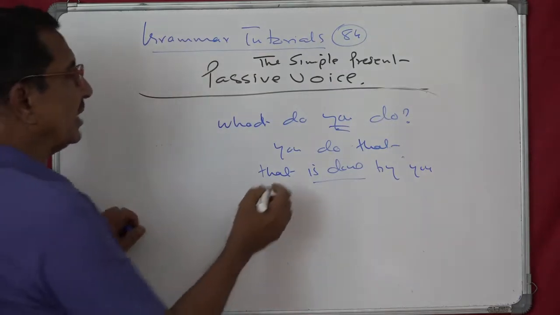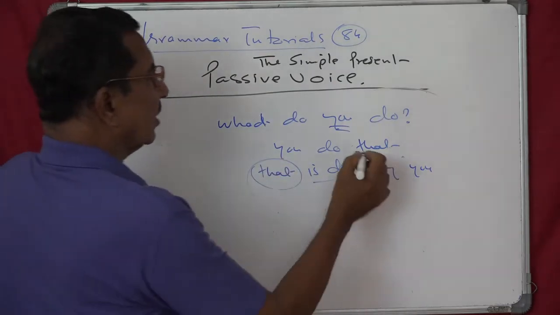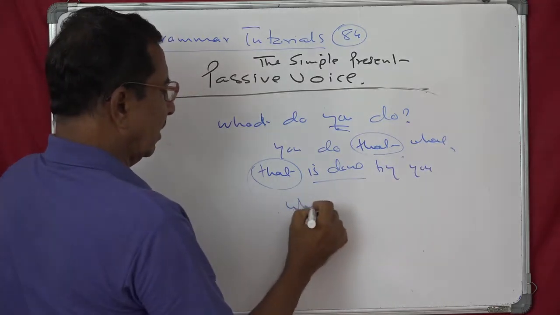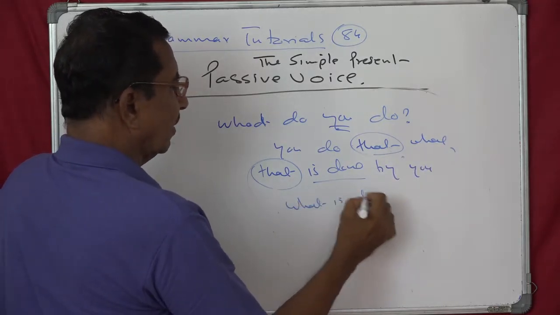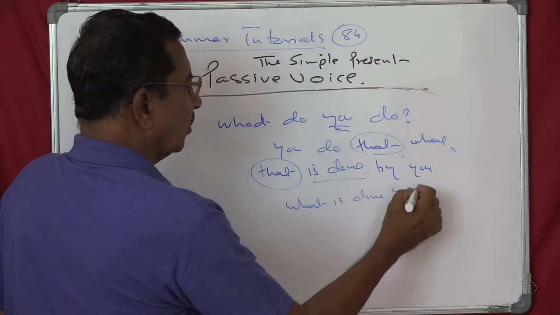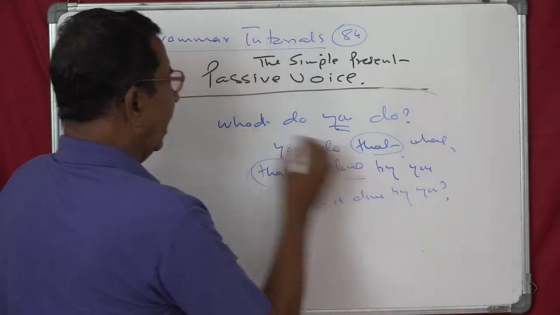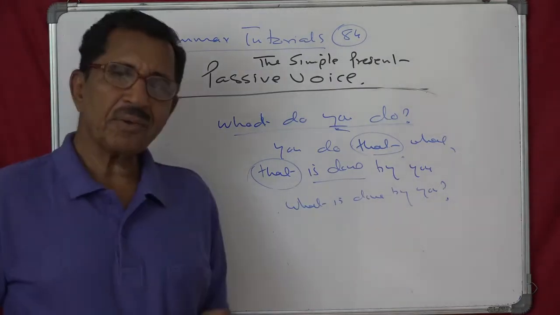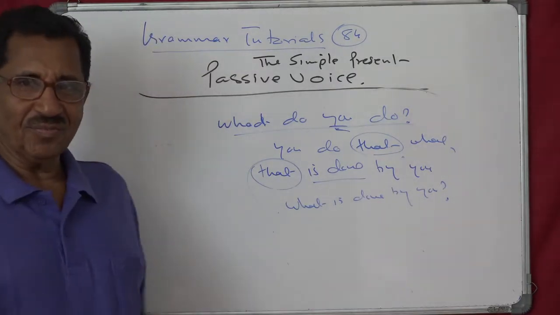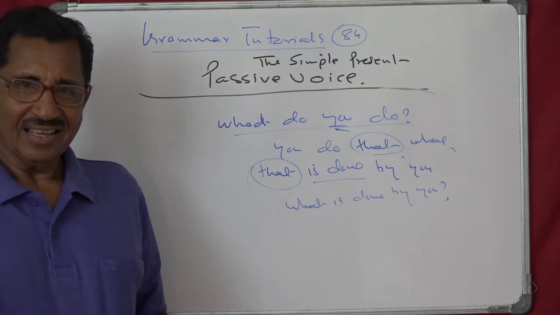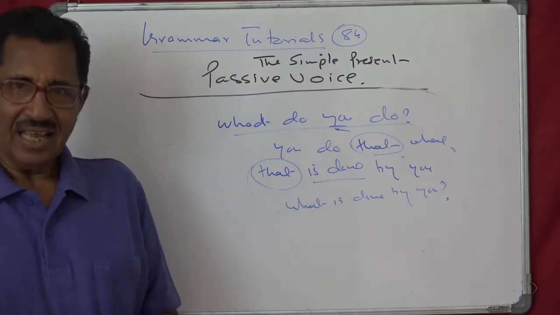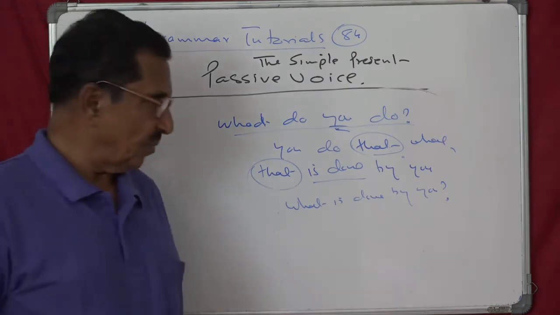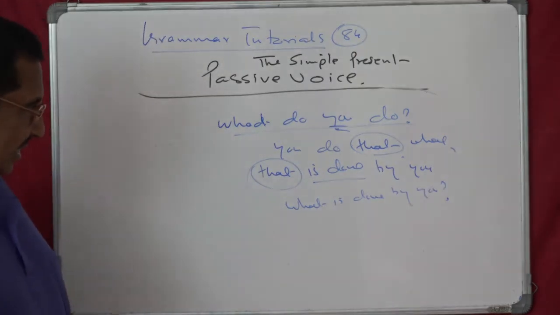So instead of that, you have the question word. What? So what is done by you is the passive of what you do. What is done by you? What do you do? Understand? How do you do? How is it done by you? How is? What is?